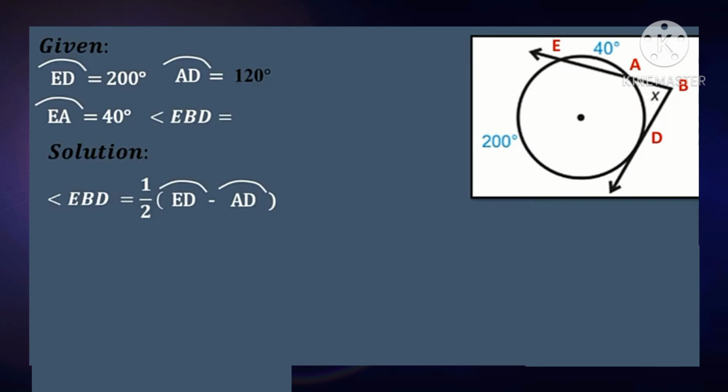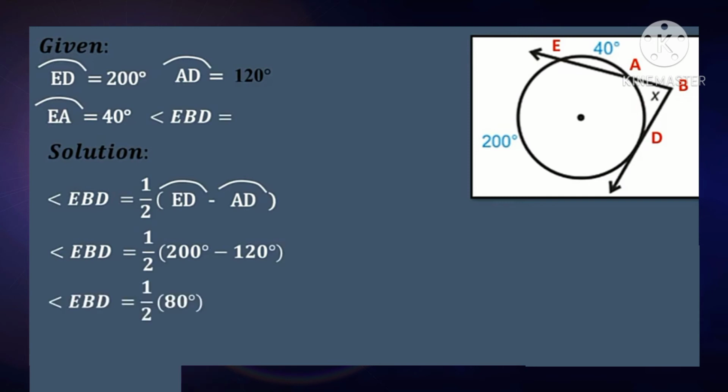Angle EBD is equal to 1/2 of 200 degrees minus 120 degrees. 200 degrees minus 120 degrees, the difference is 80 degrees. So angle EBD is equal to 1/2 of 80 degrees, and 1/2 of 80 degrees is 40 degrees. So angle EBD is equal to 40 degrees. We're able to find the measure of the exterior angle.